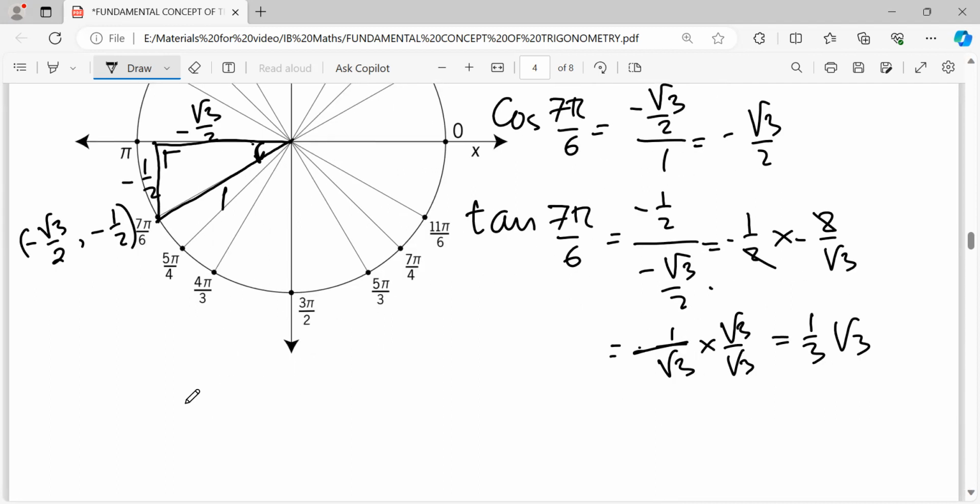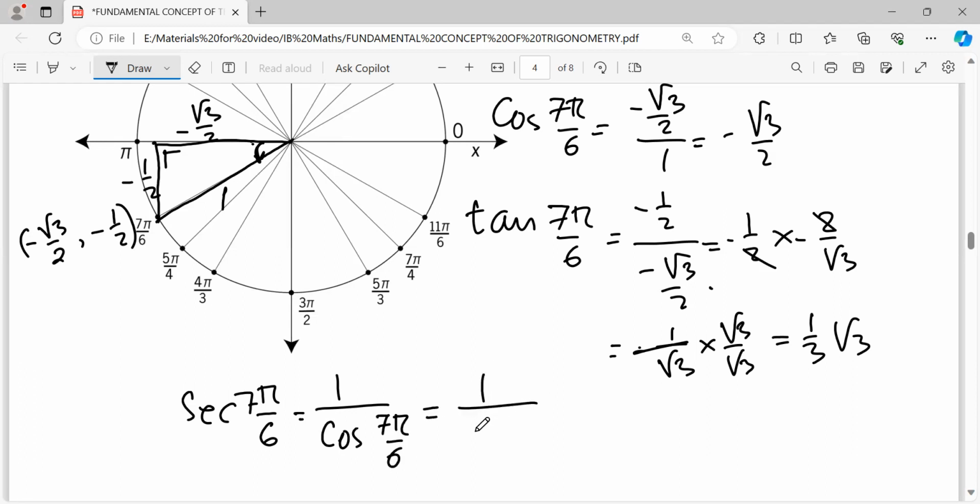Next, secant 7 pi over 6 equals 1 over cosine 7 pi over 6, which is 1 over negative square root 3 over 2. It becomes negative 2 over square root 3, or if you multiply by square root 3 over square root 3, it becomes negative 2/3 square root 3.